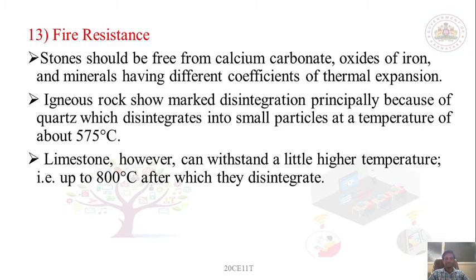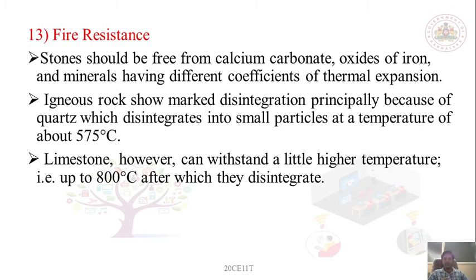While choosing, we need to keep in mind that igneous rocks show a marked disintegration, principally because of the quartz present in the igneous rock, which disintegrates into small particles at a temperature of about 575 degrees and above. When you expose igneous rock to a temperature of about 575 degrees centigrade and above, the quartz mineral present in it will disintegrate into small particles, and eventually the entire stone will disintegrate.